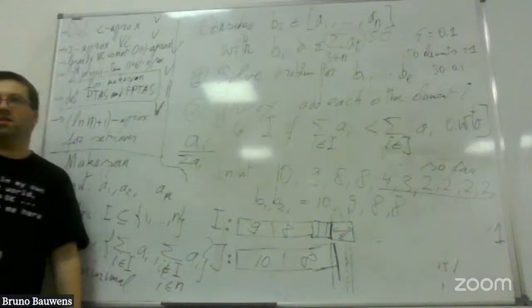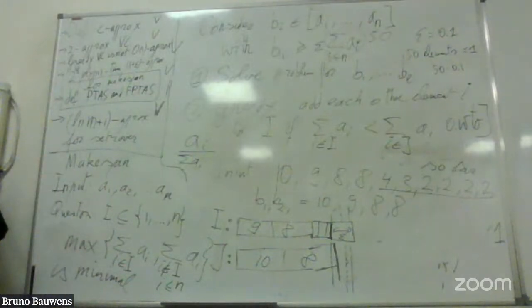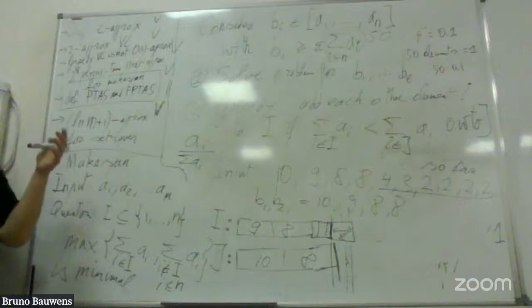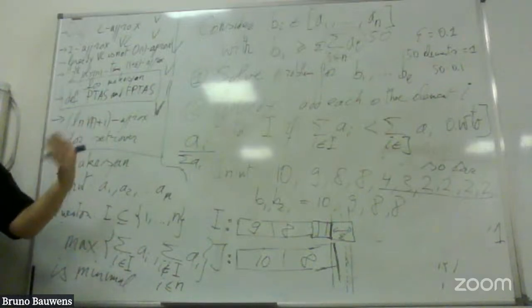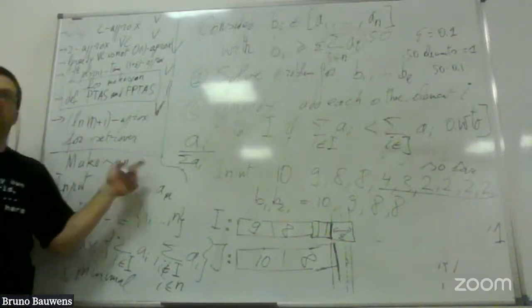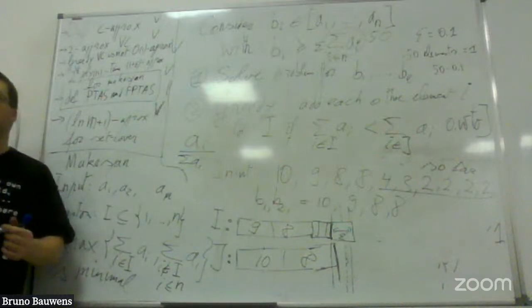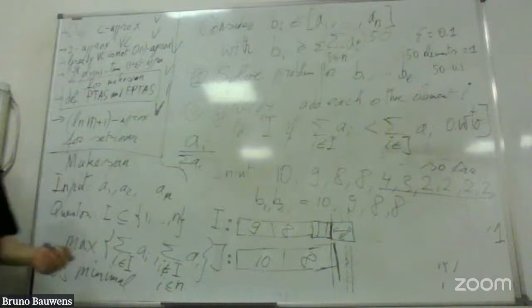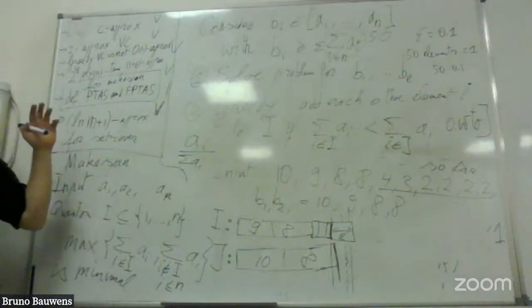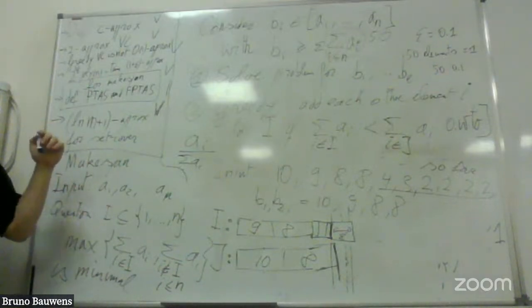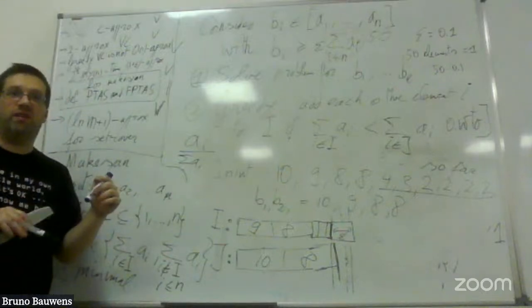The size of the table is polynomial in the number of objects divided by epsilon. So this is an FPTAS for knapsack. But note that here numbers are in unary, and when we put them in binary, we don't have an FPTAS.